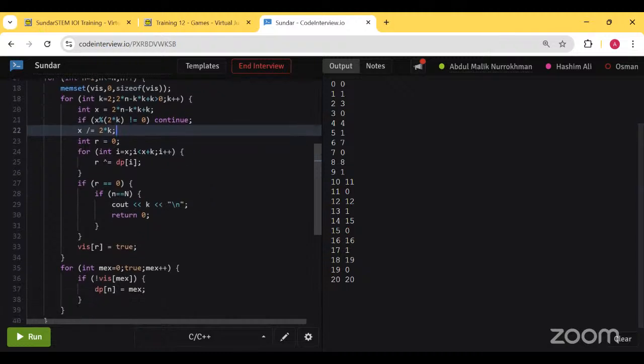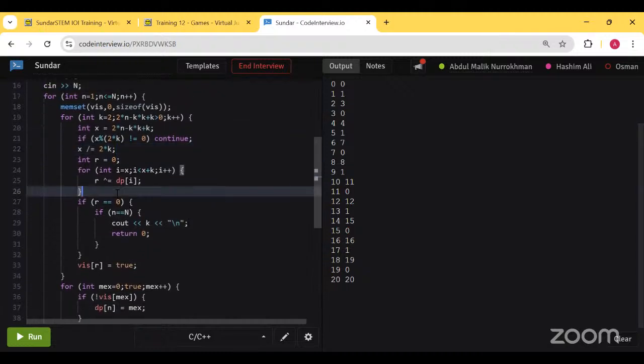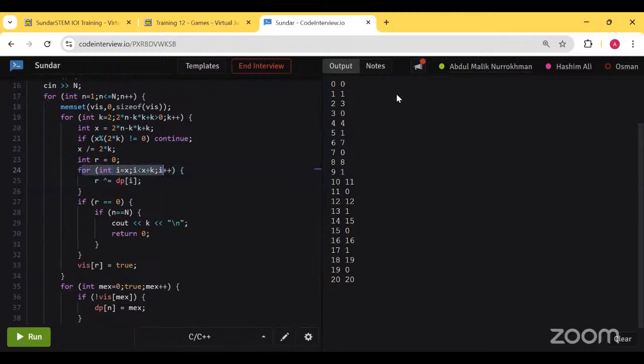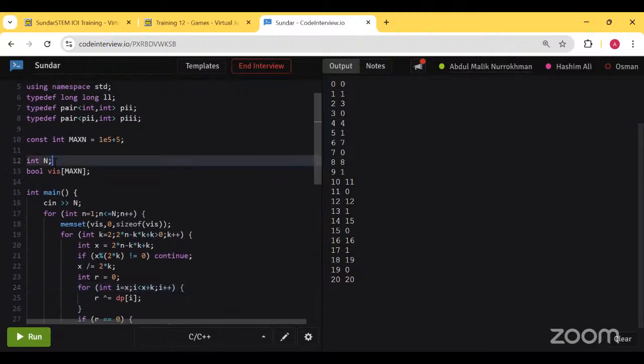So let's optimize it. At first, how to optimize this triple for loop? We can optimize it using Apollo's idea, because we can use prefix XOR for the dp.